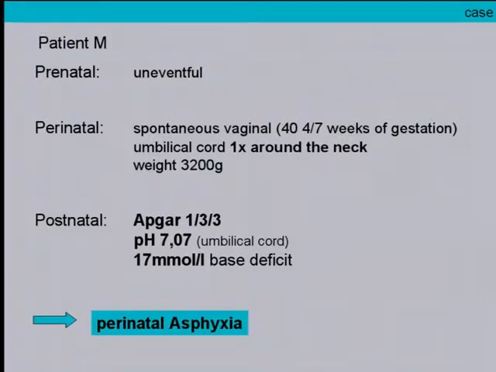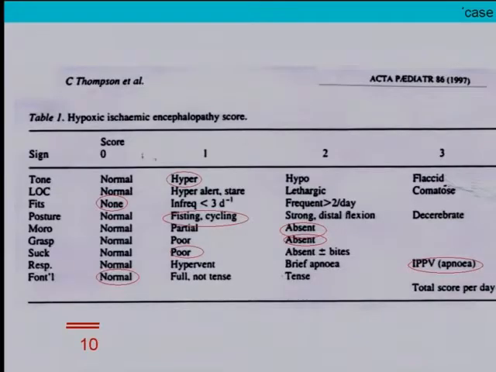Postnatally, the Apgar at 1, 5 and 10 minutes is only 1, 3 and 3. pH in the umbilical cord is 7.07, base deficit is 17 millimoles. So the diagnosis is very clear. This is perinatal asphyxia. If you want to give it a more gentle name, you would call it suppression for legal reasons. Next slide.